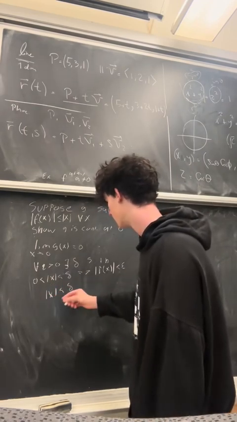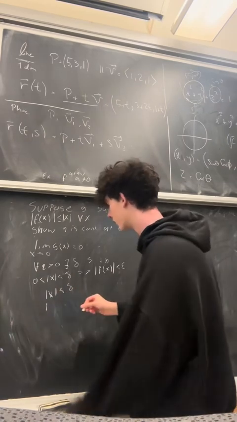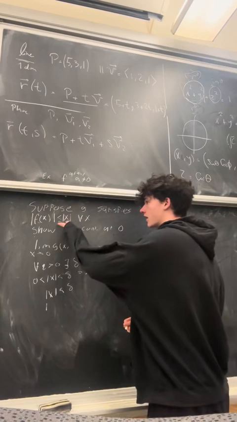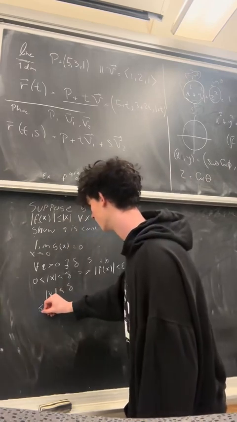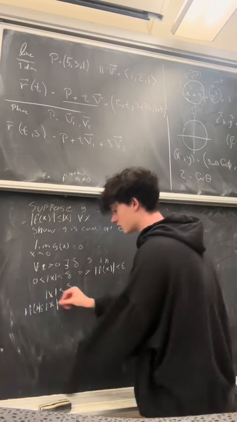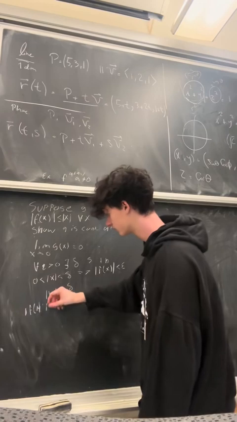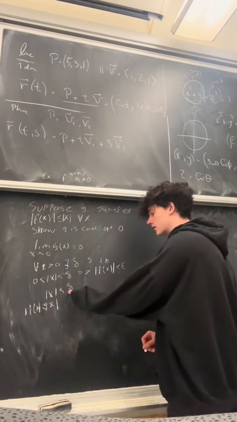Well, first, we should notice that the absolute value of x is greater than or equal to the absolute value of g of x. So we know that this is true, right? So we note this first. So we know this, and we know that the absolute value of x is less than delta.